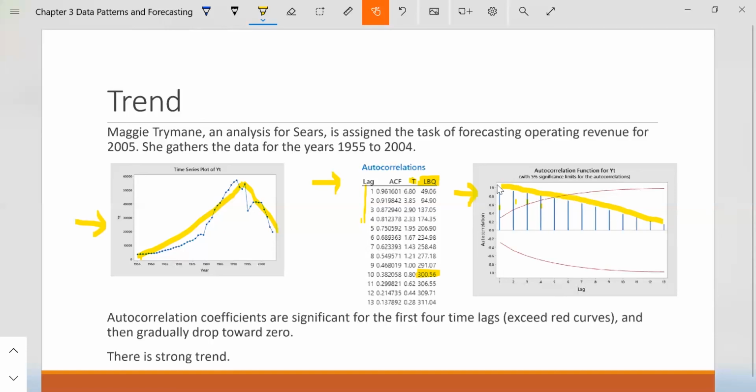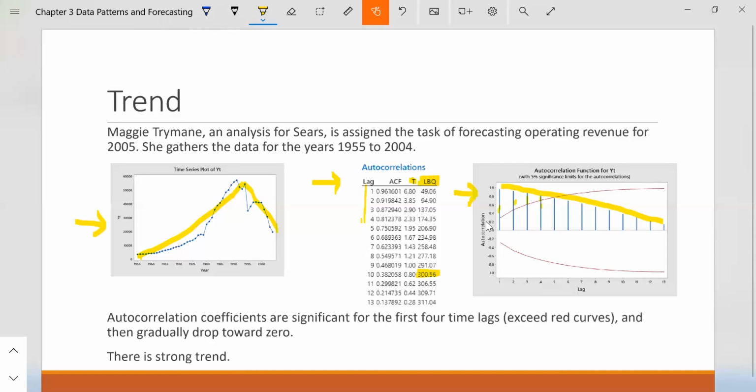This kind of pattern allows us to conclude that there's trend. Again, two things. Number 1, for the first couple of lags, the autocorrelations are significant. Number 2, the autocorrelation is decreasing gradually. These two features allow us to say there is trend.